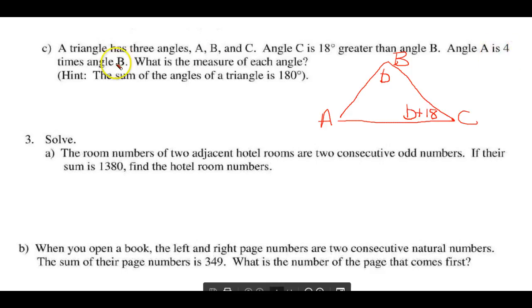Angle A is 4 times angle B. So this will just be 4 times B.